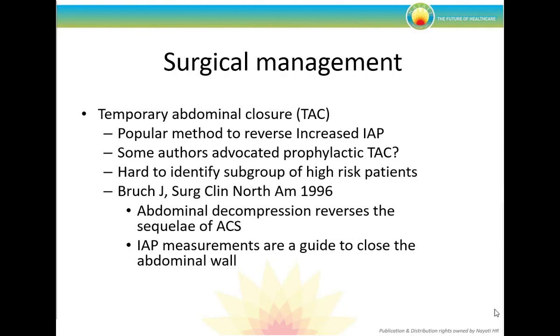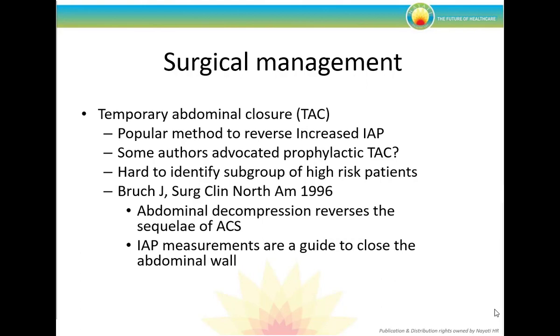So these things are often seen, especially in patients with pancreatitis. If they go for surgery, what they do is they don't close the abdomen, because even during the surgery itself, you can see that the abdomen will be very difficult to close. So you do a temporary closure from theatre itself before the patient even gets shifted to ICU.